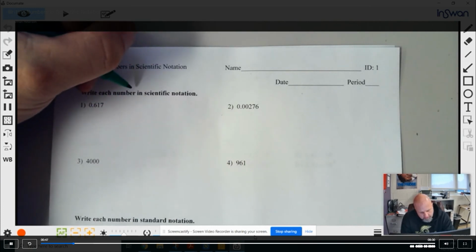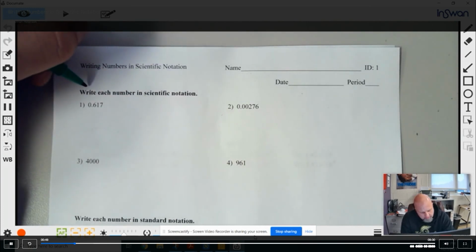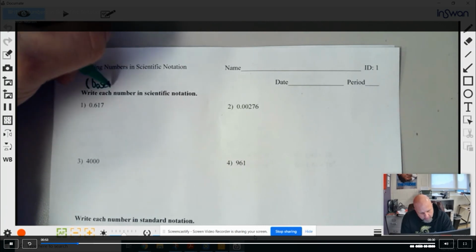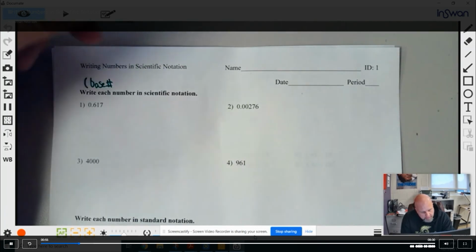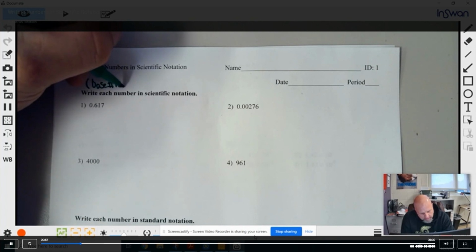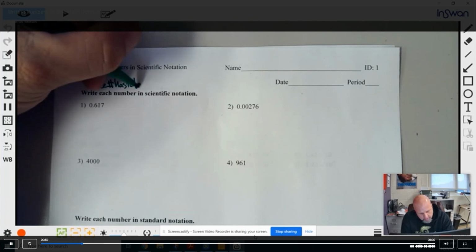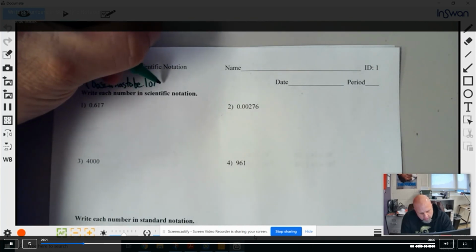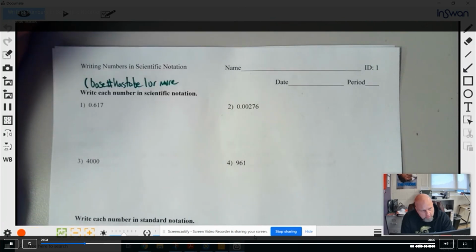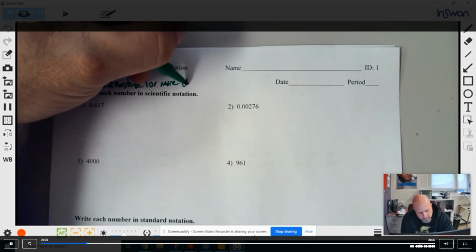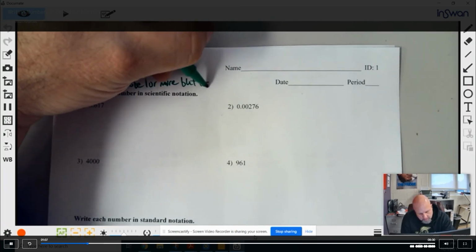So in scientific notation, there are some basics we have to have. The first thing is you have to have a base number. The base number has to be one or more, but less than 10.